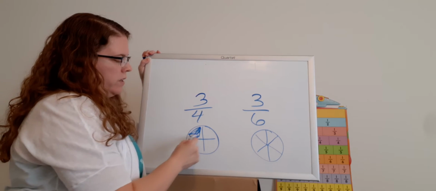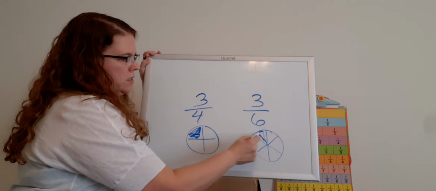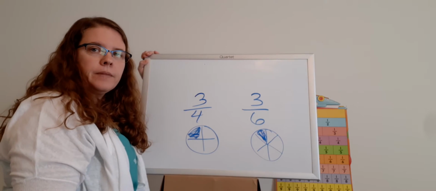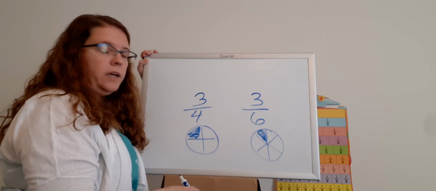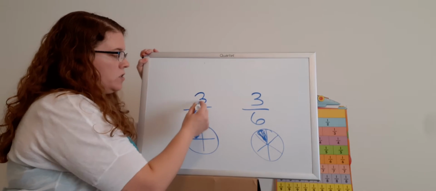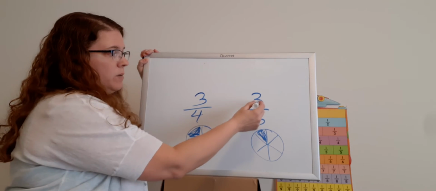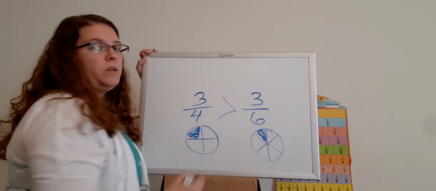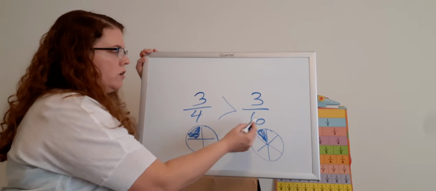Look at one of these fourths and look at one of these sixths. Which one is bigger? Yeah, the 1/4 is, right? So if I have my numerators the same, if I have 3 of these fourths, that's going to be a lot more than 3 of these sixths. Okay, so it's going to be larger. 3/4 is larger than 3/6.